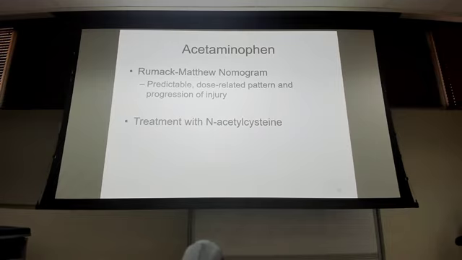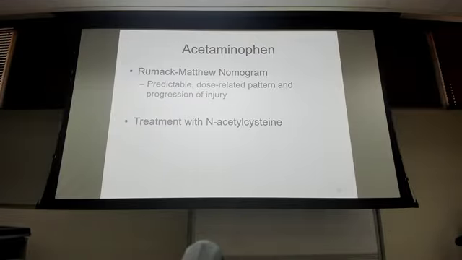So all those bullets that we talked about for predictability for medications or different chemicals that can injure the liver, there's a specific one for Tylenol as far as a predictable dose-related pattern, progression of the injury.